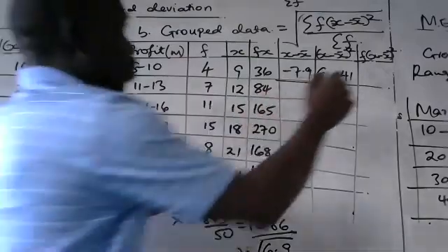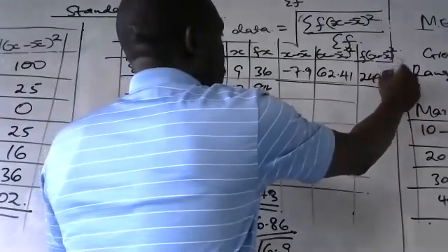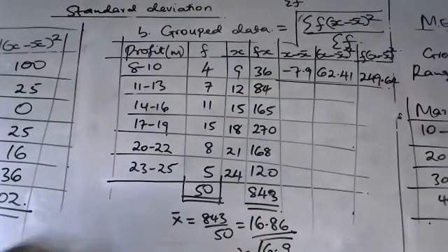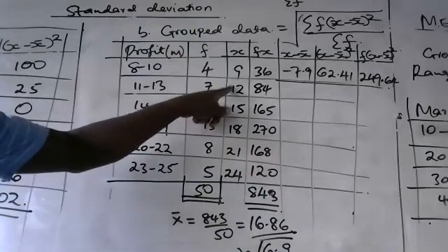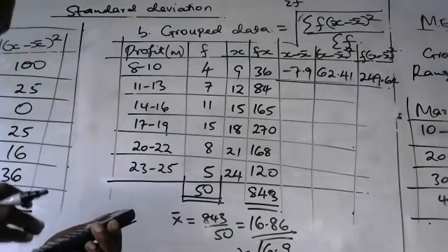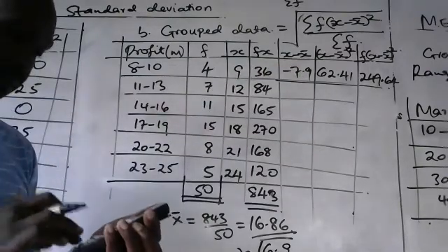You realize it's going to be 249.64. 249.64 is going to be the value at the end there. You just go to the second row. The second row, our x is 12. So we do 12 minus x bar, which is 16.9.